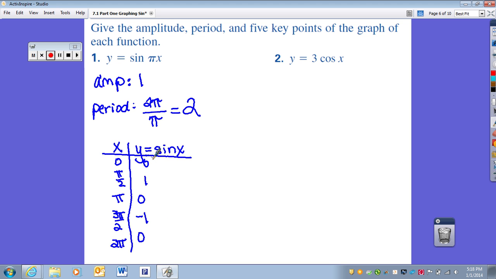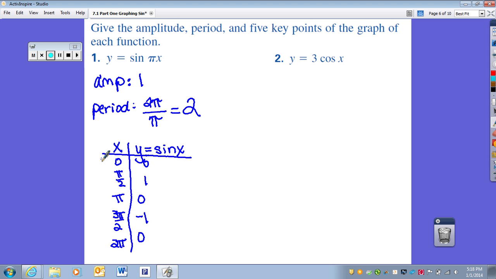Now, we aren't going to change our amplitude. We still are going to have a height of 1, or distance of 1, going either direction from our center. But we do need to change our period. Our period is going to be 2.